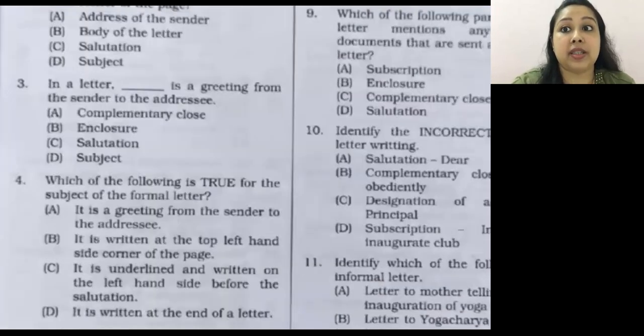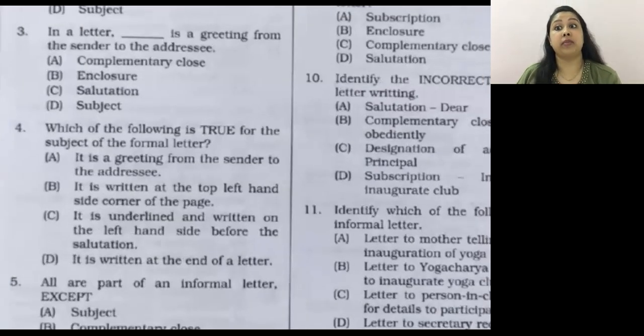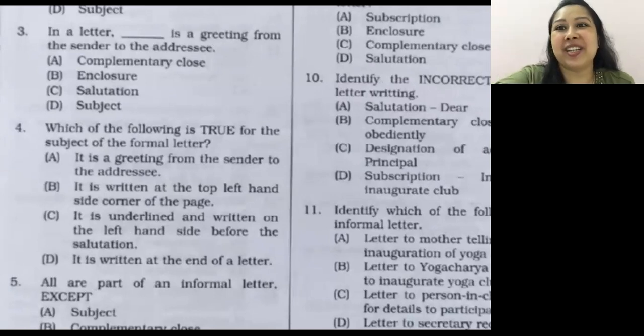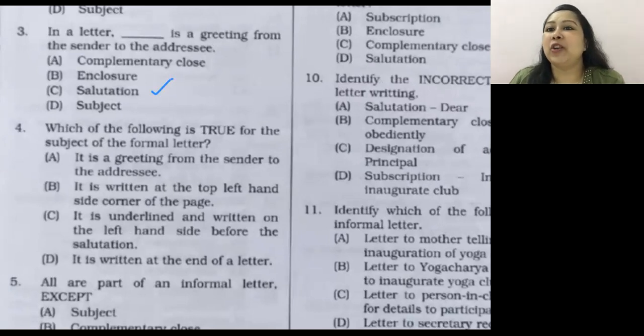In a letter, dash is a greeting from the sender. Salutation. Correct. We just talked about this. Which of the following is true? Please read the options carefully. True about formal letter. Is it a greeting from the sender to the addressee? Hello, how are you? All of that. Or it is written at the top left hand side of the page.